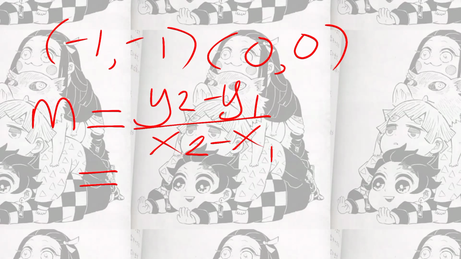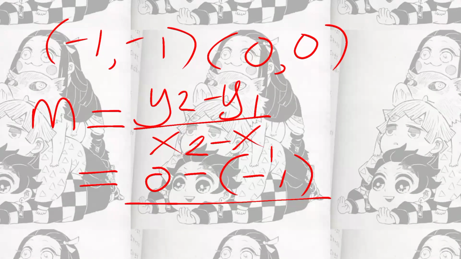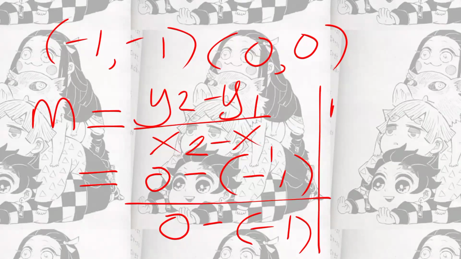So our y sub 2 is 0 minus y sub 1, which is negative 1. Again, we need to use parentheses to separate the minus from the negative. Our x sub 2 is 0 minus negative 1. When we simplify, 0 minus negative 1 is positive 1. The same goes for the denominator. So 1 divided by 1 is positive 1.